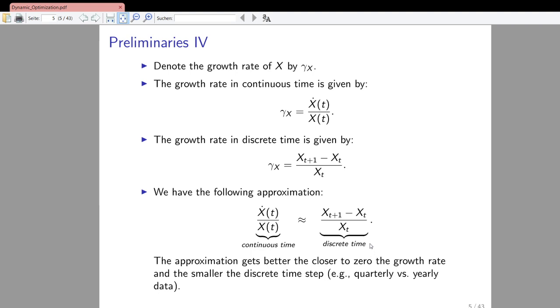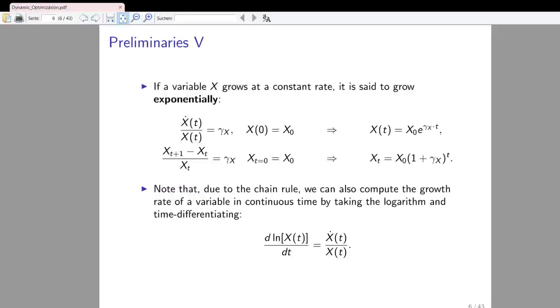So basically what we take from here is the definition of the growth rate in continuous time and in discrete time, and that the two are rather similar as long as the growth rate itself is low and the time step between two variables is low. But if the growth rate is high, or the time period that passes between time t and t plus 1 is long, then the approximation gets worse.